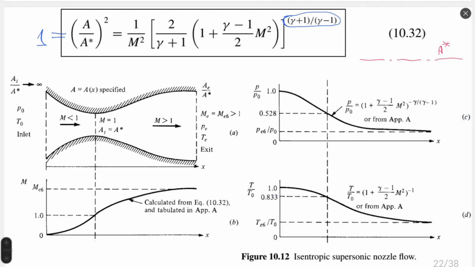Okay, we will choose parameters on the entrance, and we will calculate parameters at any arbitrary point. This entrance, which I mark with the blue line, it will be my subsonic flow on the entrance.